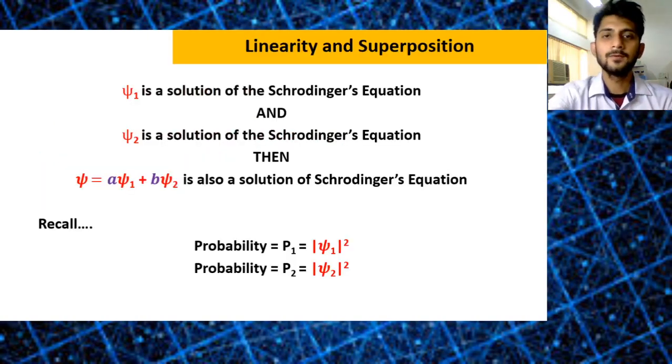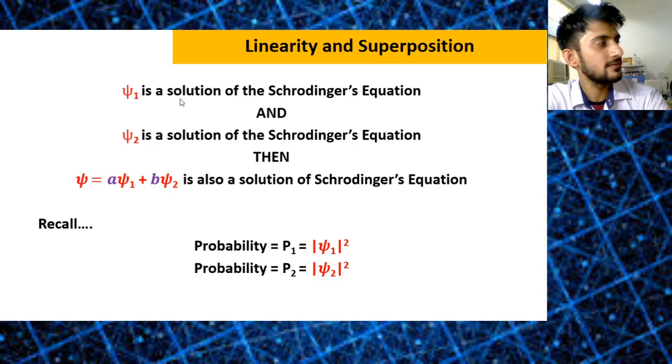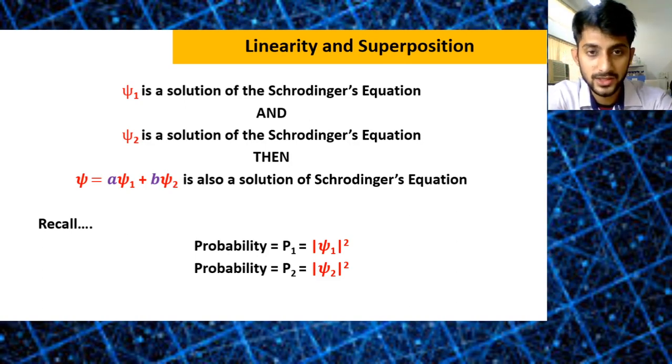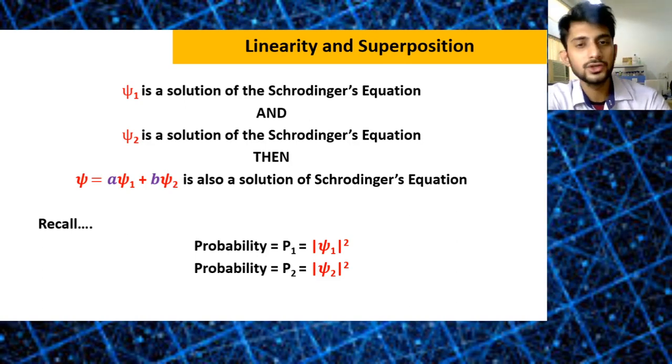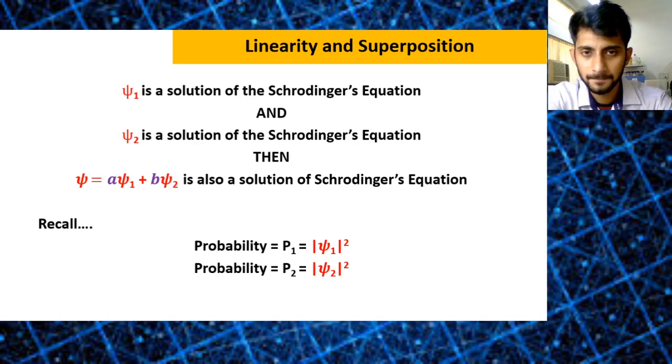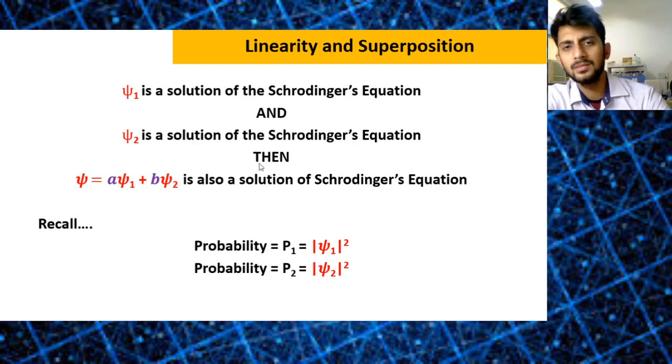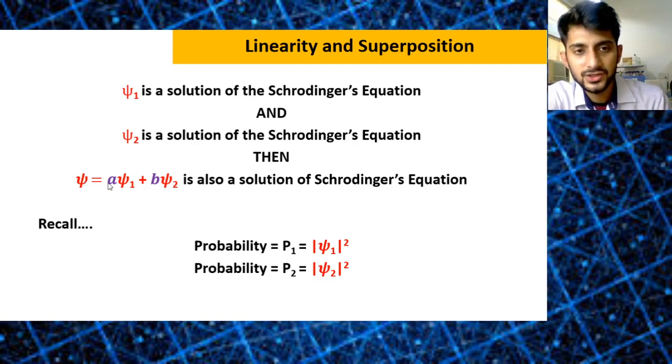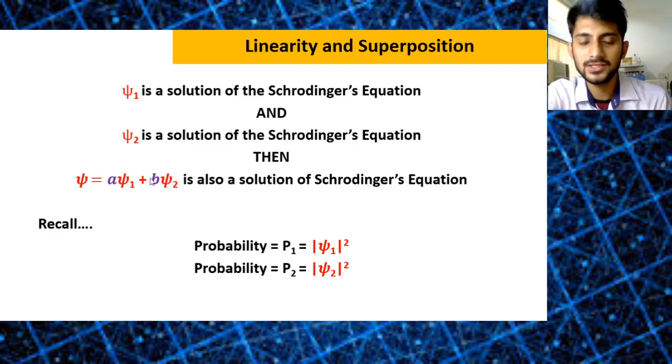OK, so for example, if you are given that psi1 is a solution of Schrödinger's equation, psi2 is a solution of Schrödinger's equation, then linearity says that psi equals some constant times psi1 plus some constant times psi2 should also be a solution of Schrödinger's equation.